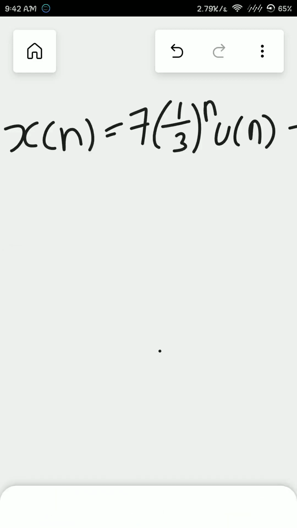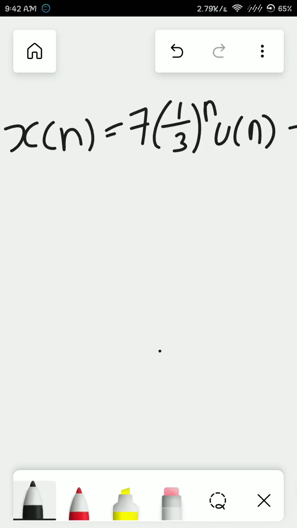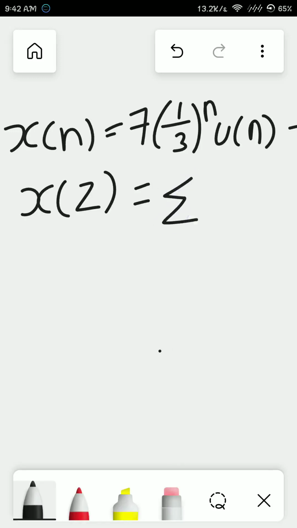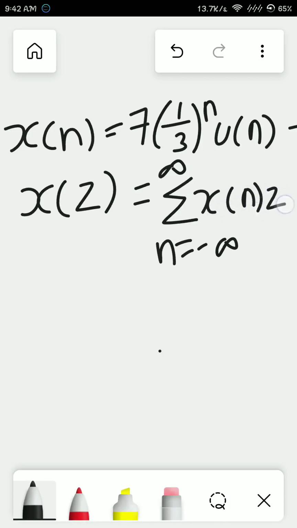It is the summation from n equals minus infinity to infinity of x of n into z to the power of minus n. Isn't this the formula? Yes.